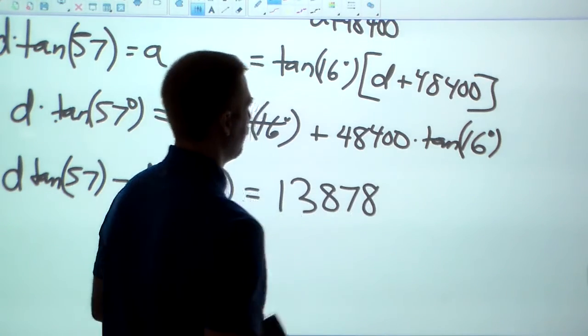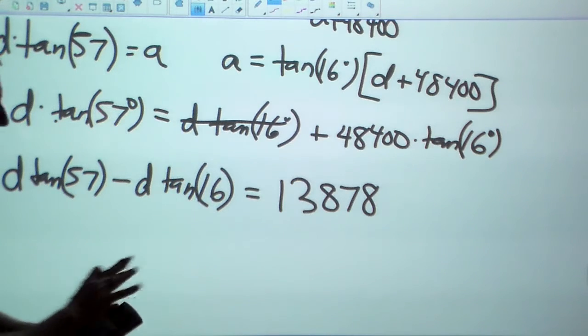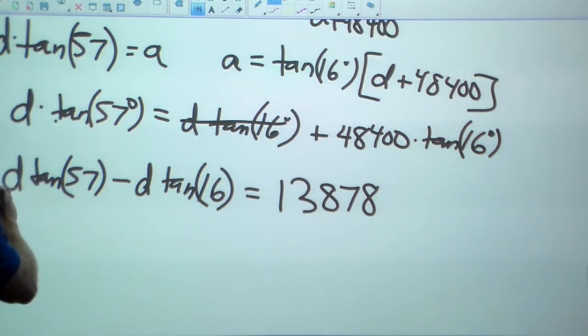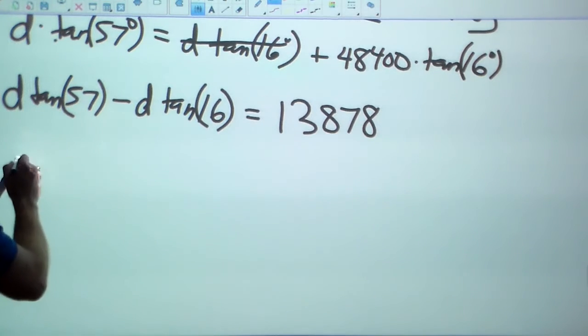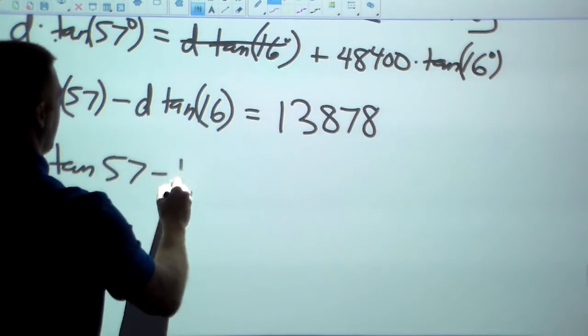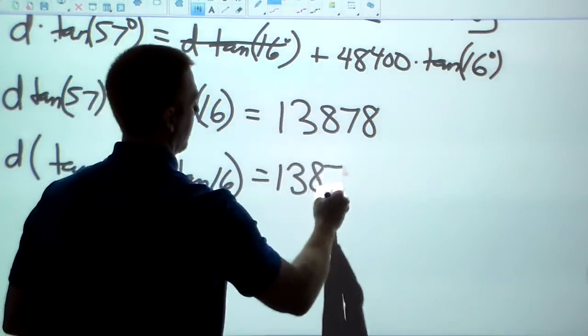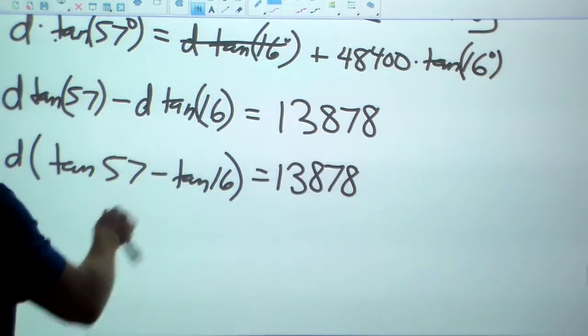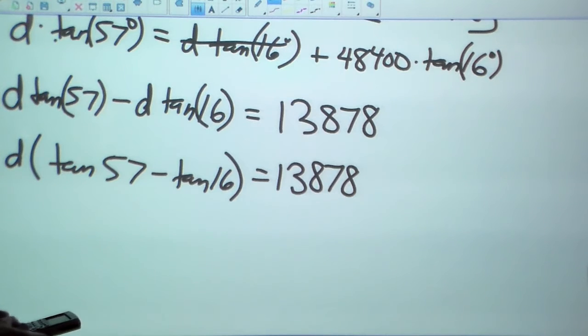That's going to give me 13,878 feet. And I'm just going to leave it at that. This is going to be close enough. Y'all can use more decimals and get it more precise, but that should be good enough. Now to get D by itself, I do need to factor here. So let's factor D out. That leaves me with tangent of 57 minus tangent of 16, and that equals 13,878. So now let's subtract those two things, tangent of 57 minus tangent of 16.